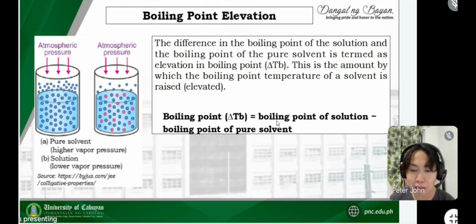We expect kasi that the boiling point of the solution is always higher kasi nga may combination na siya with solute as compared with a pure solvent. So, ibig sabihin yung formula natin dito, yung boiling point ng solution natin, ipagmaminus lang natin sa boiling point ni solvent. Okay po? So, yun lang.